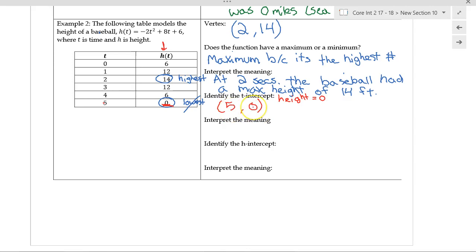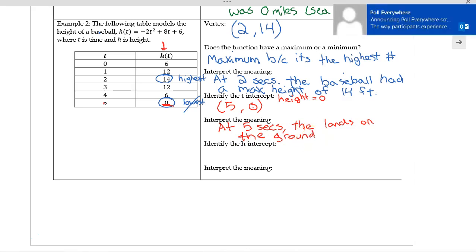Well, it's the time when my height is 0. So at 5 seconds, what does it mean in the real world when the height is 0? Well, the ball lands on the ground or hits the ground. Again, kind of bringing it back to what's actually happening in the real life situation.